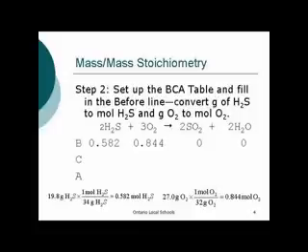So we start with 0.582 moles of H2S. And then for our O2, 27 grams of O2 times 1 mole of O2 over 32 grams of O2, which gives us 0.844 moles of O2. We put those into the before line. And before the reaction occurs, we have 0 moles of SO2 and 0 moles of H2O.